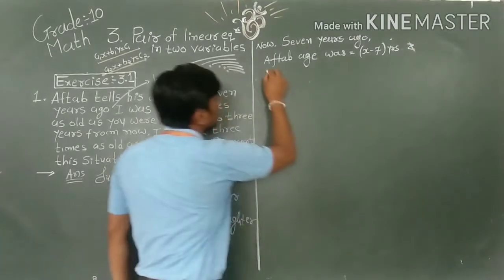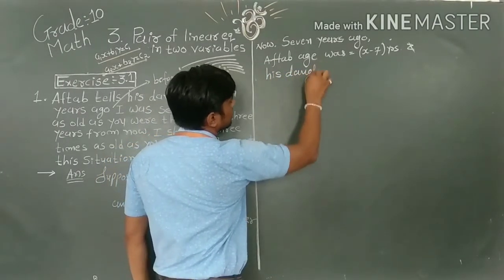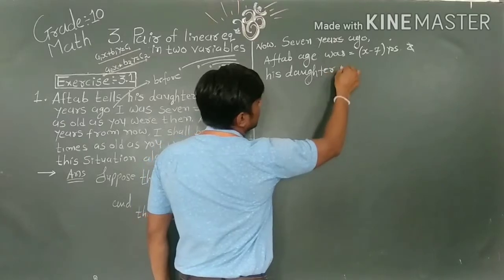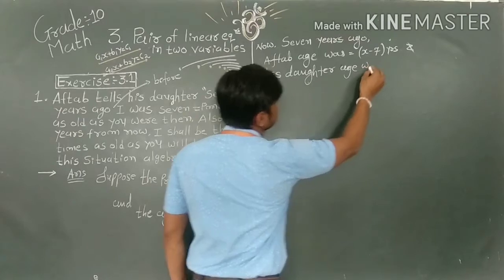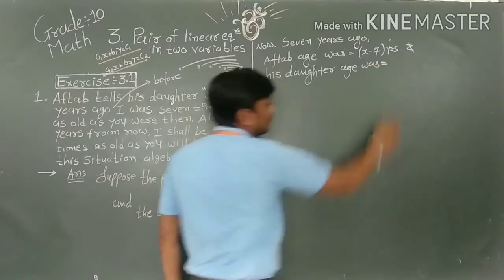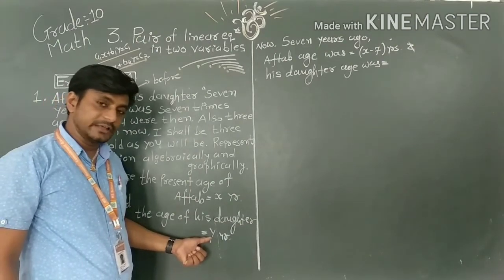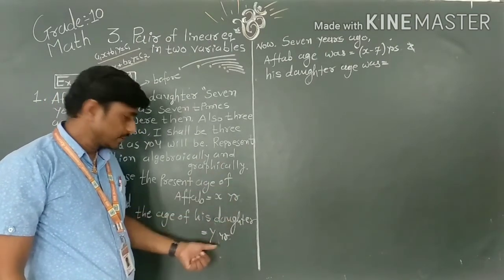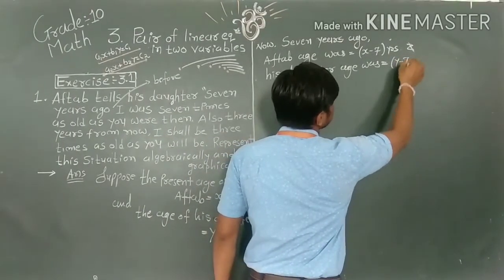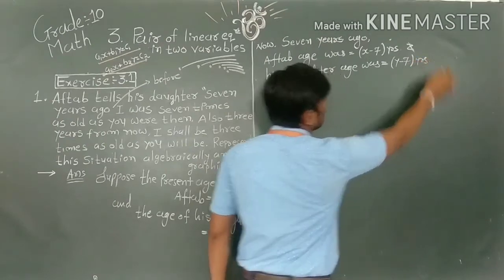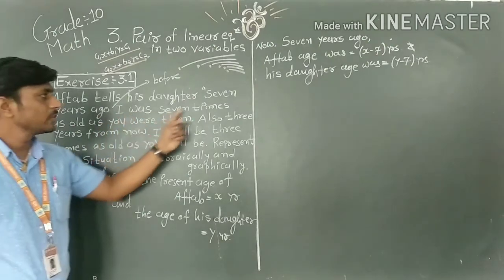And his daughter, what is the present age of his daughter? y. Therefore y minus 7 years. Now look, 7 years ago I was 7 times.